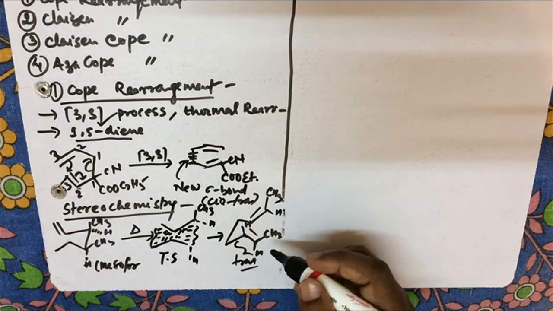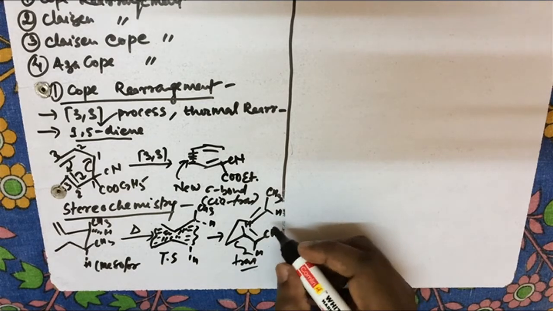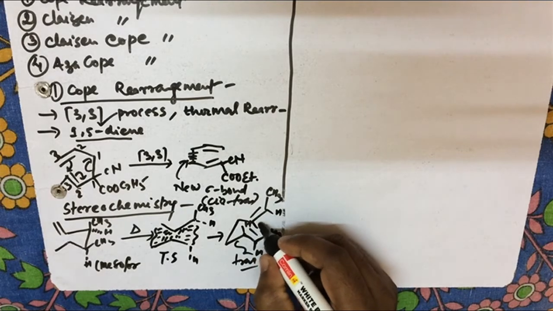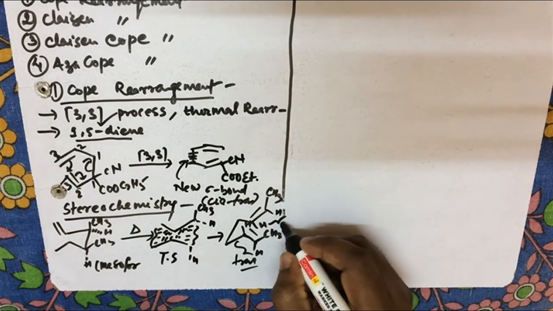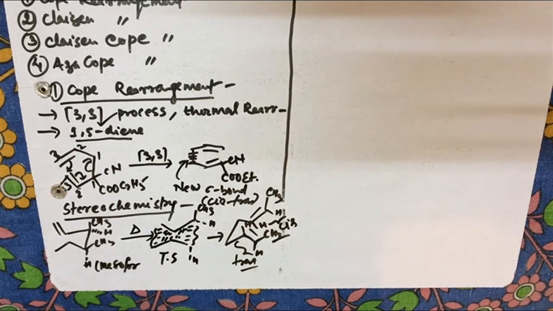And if you see here, this hydrogen H and this hydrogen H, this is cis. So here we get the cis and trans isomers. So stereochemistry happens like this.